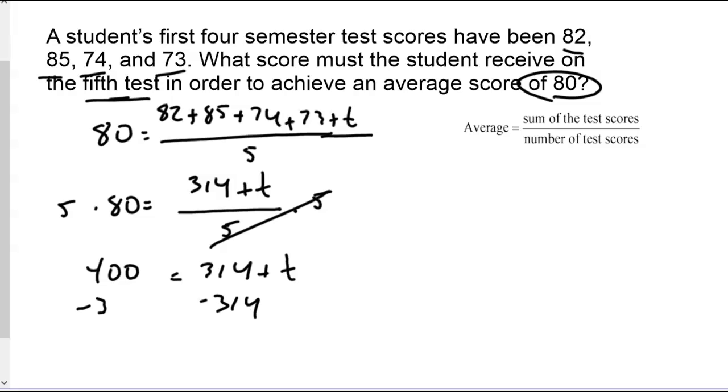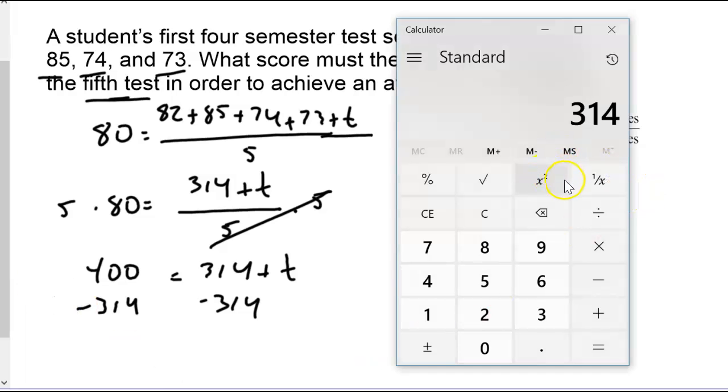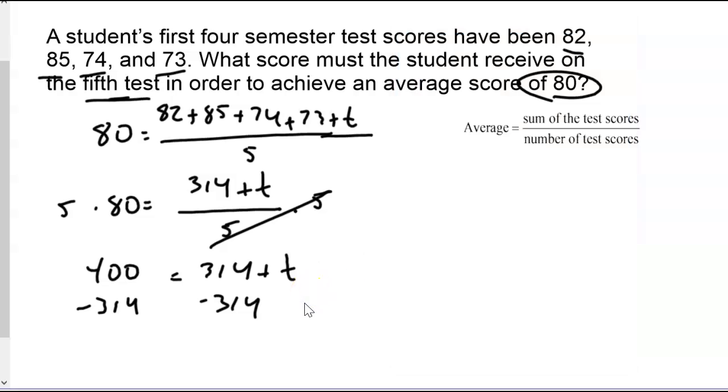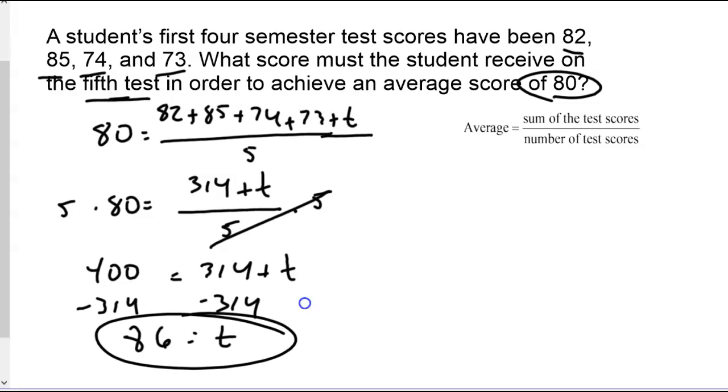So we subtract 314 on one side, we subtract 314 on the other side, and so we've got 400 minus 314 is 86, and so we've got 86 over here, and this zeroes out, and we've got t. So the student needs to get an 86 on their last test to be able to get at least an 80.